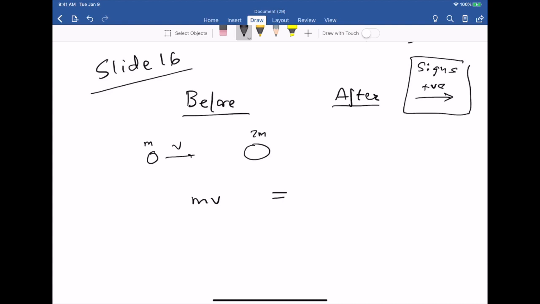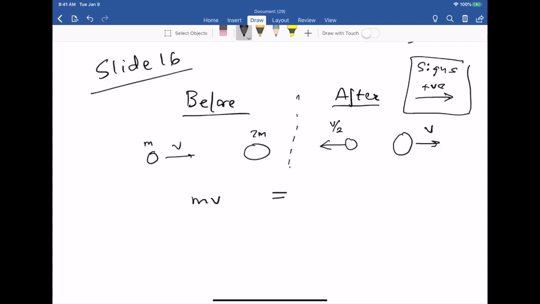So after the collision, both the masses have momentum. The m is moving back at velocity v over 2, and the 2m is moving in some direction.